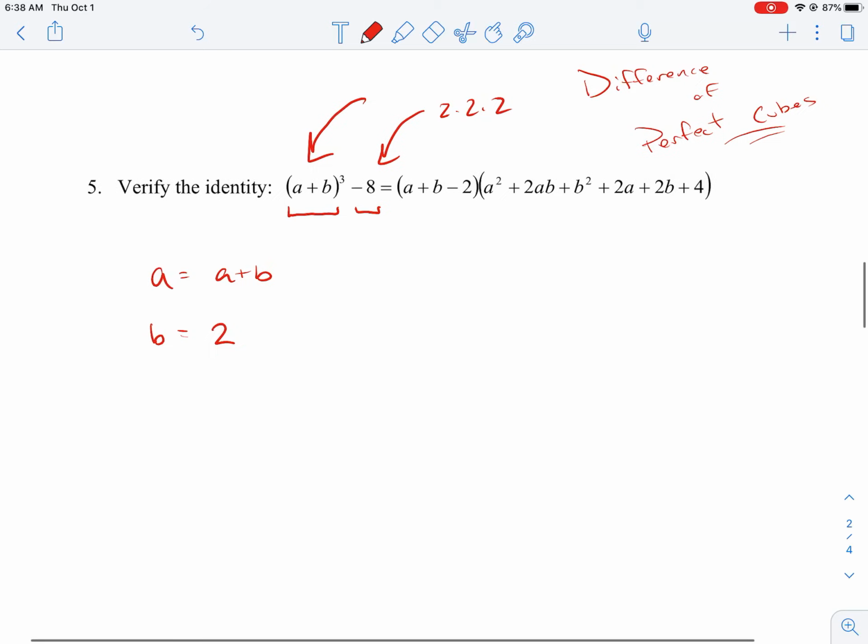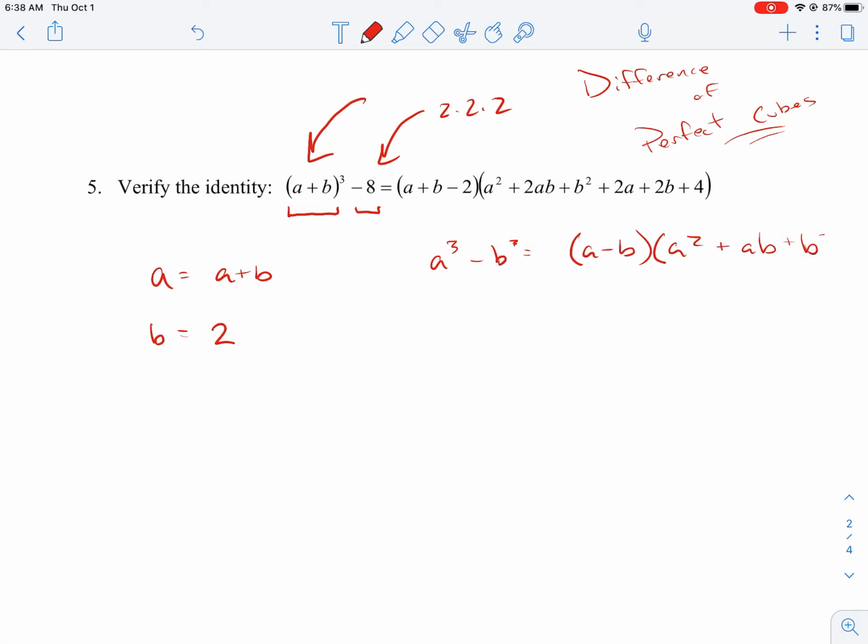Now remember, difference of 2 cubes looks like this. And so let's just fill in our a's and our b's here. Let me write this over to the left.